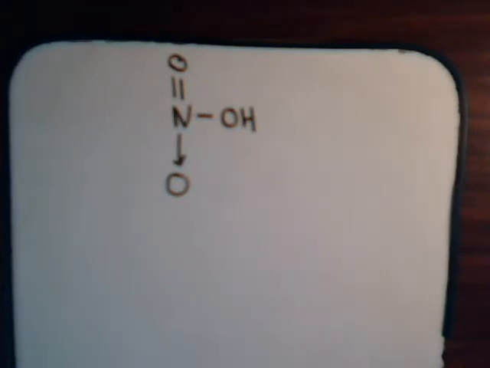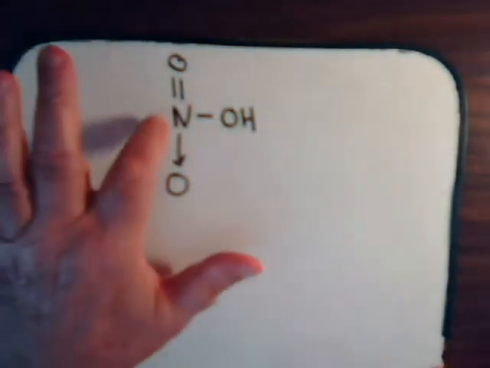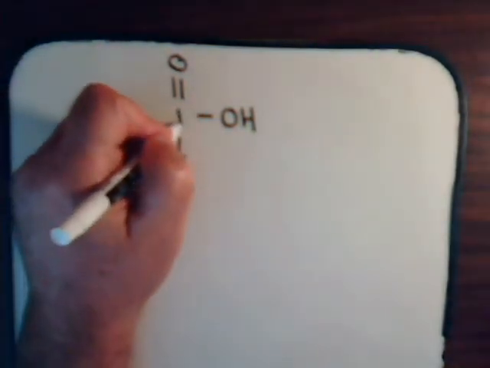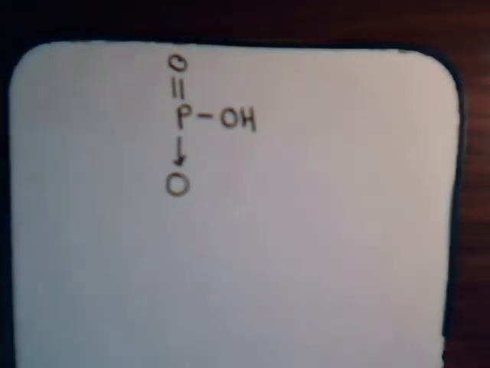Now, in the periodic table, directly beneath nitrogen is phosphorus. So, what would happen if we substituted phosphorus for nitrogen? Like this.